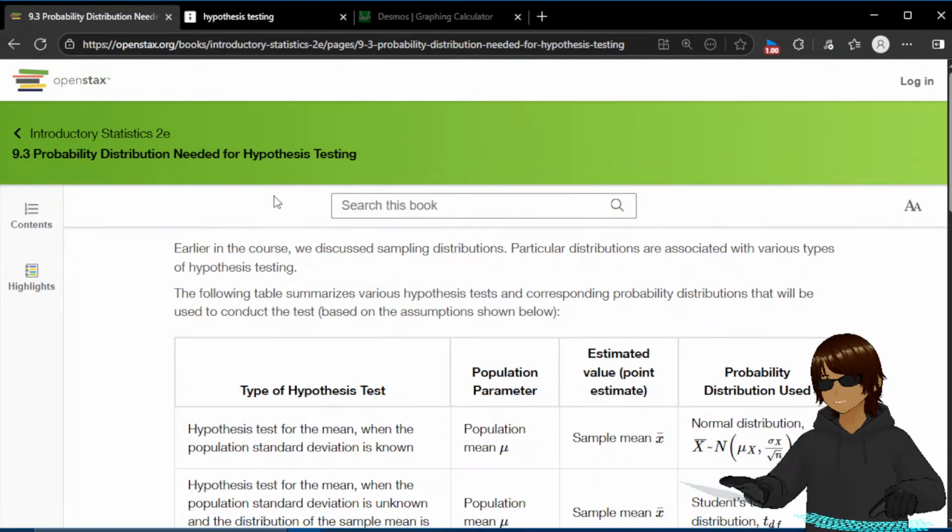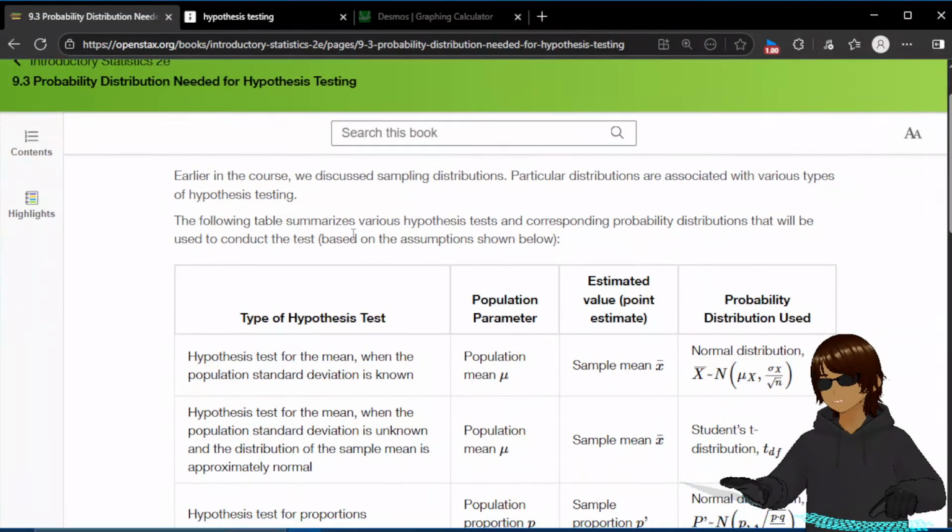Probability distribution needed for hypothesis testing. Earlier in this course, we discussed sample distributions. Particular distributions are associated with the various types of hypothesis testing. The following table summarizes various hypothesis tests and the corresponding probability distributions that will be used to conduct the test.